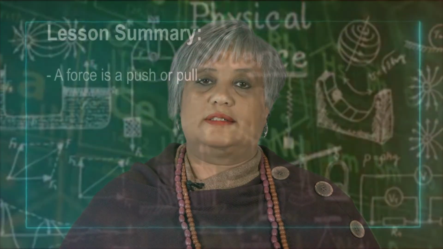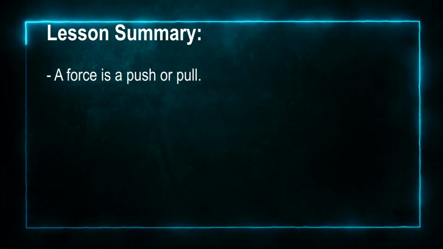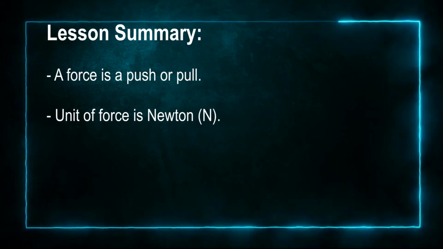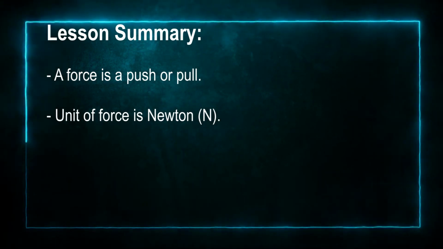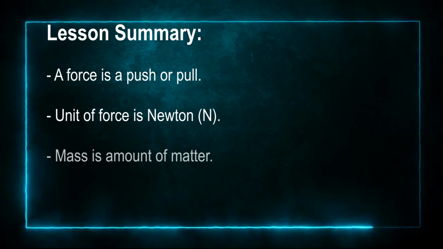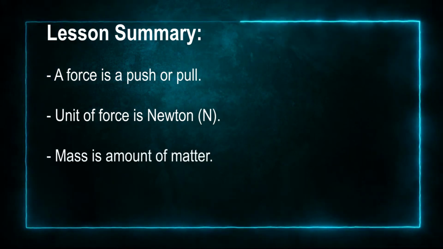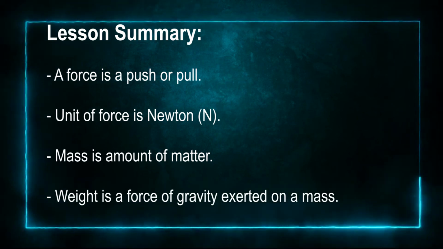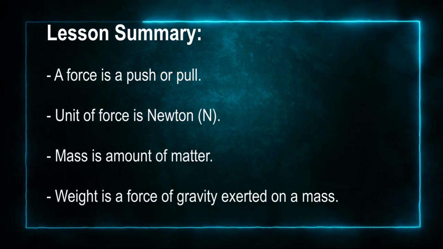We have come to the end of lesson 2. Let's have a look at the lesson summary. We can describe a force as a push or a pull. The unit of force is Newton and it's abbreviated as capital letter N. Mass is the amount of matter an object has, while weight is the force exerted on a mass called gravity.